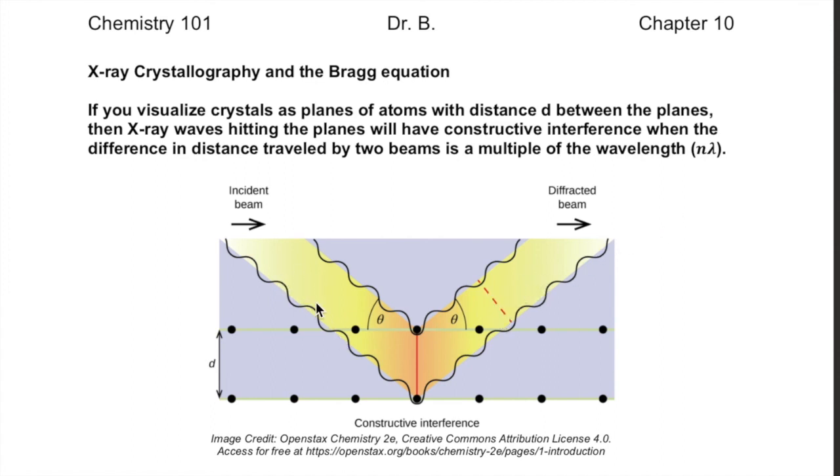So you might notice that this particular beam has a longer path than this one, but it's longer by an integer number of the wavelength. And so that's what makes these waves in phase.